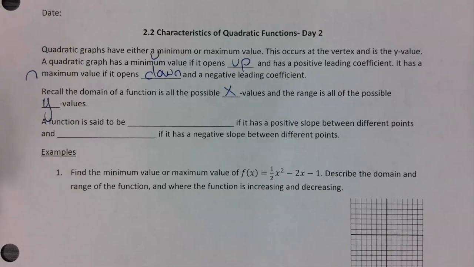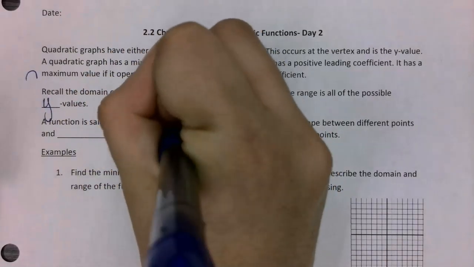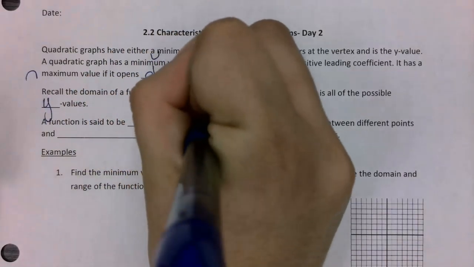A function is said to be increasing if it has a positive slope between 2 points. Increasing, I can spell.